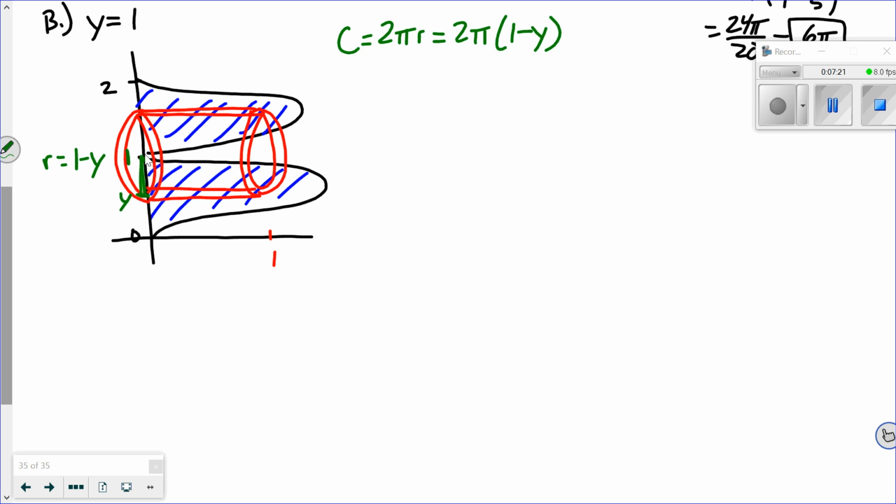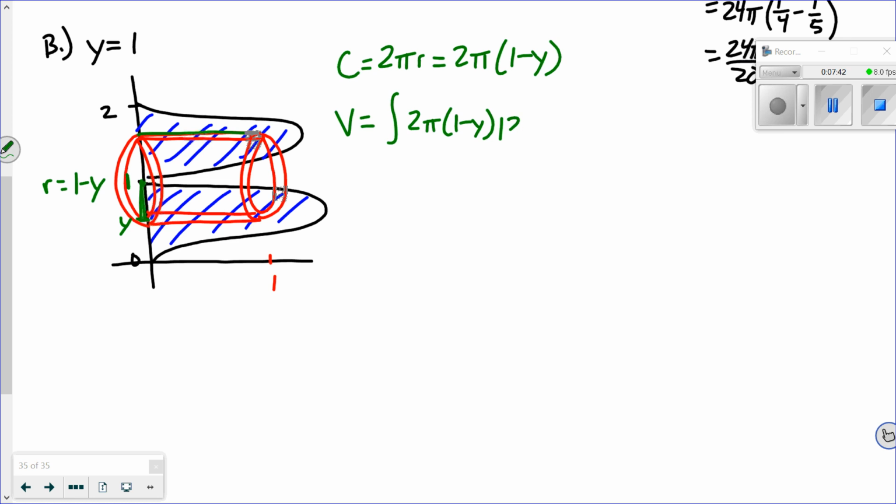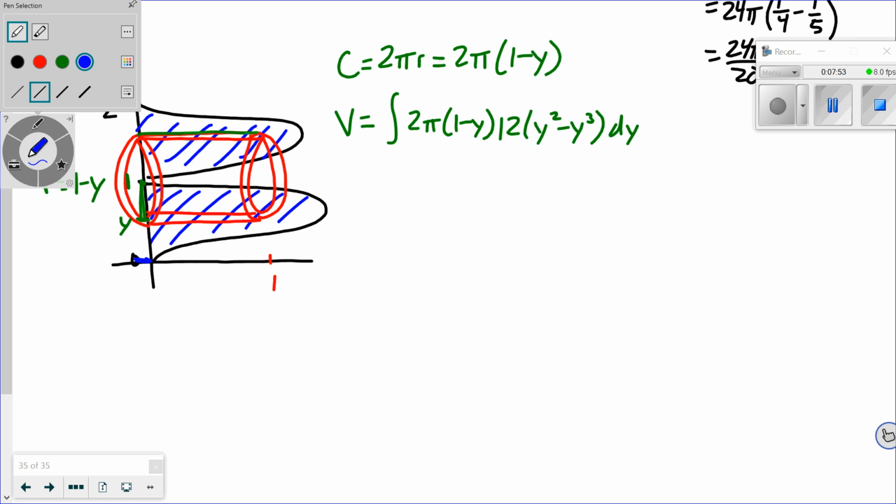So then our volume will be equal to the integral of our circumference times the height of our function. What is our function again? 12 y squared minus y cubed. The width of each of these shells is dy. And our interval, again, is just half of our shell, and Khan Academy gives a better example of why we're using half. Their pictures look a little bit better. So we're going from 0 to 1.